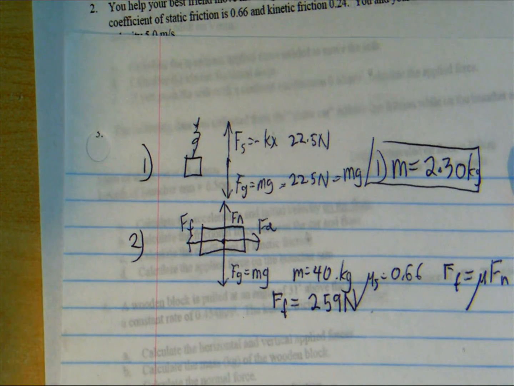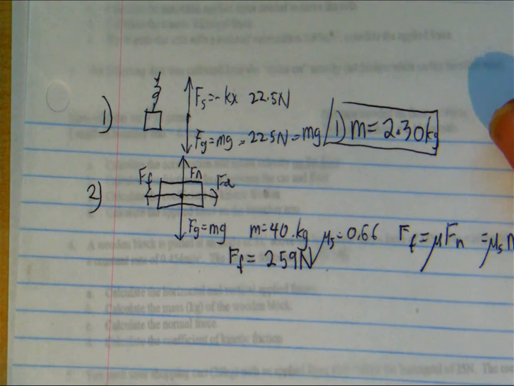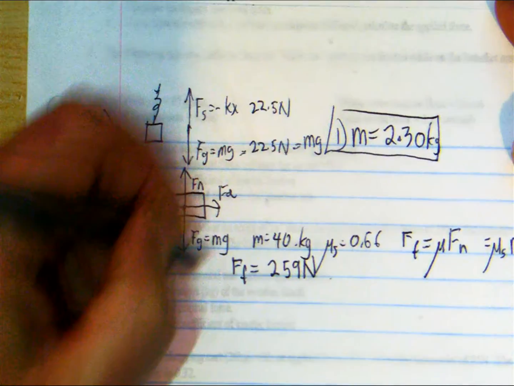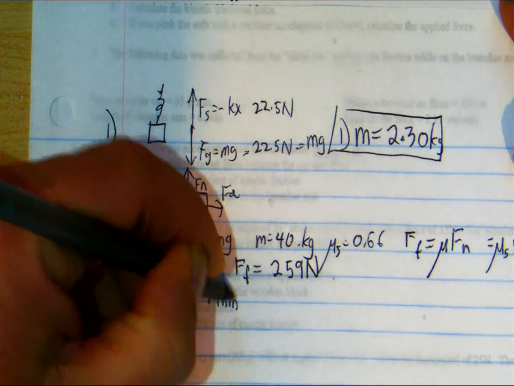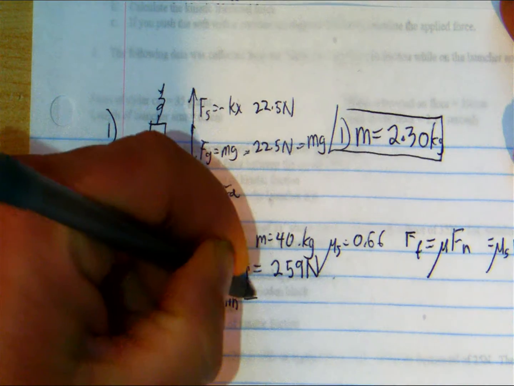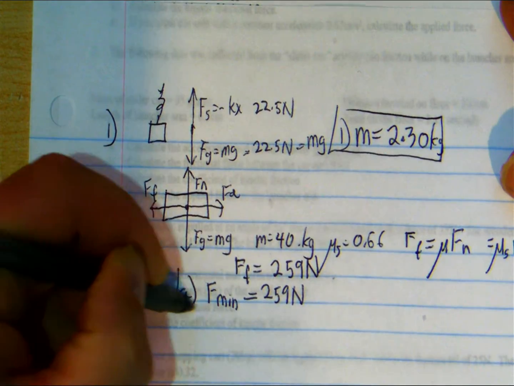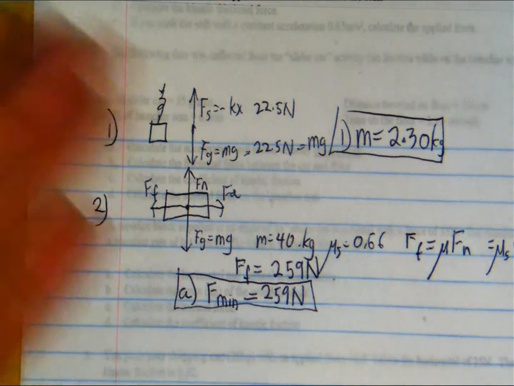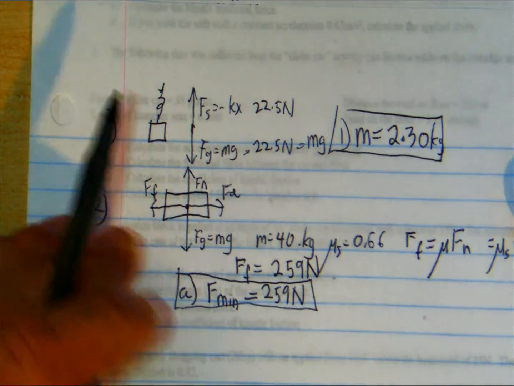And if that's the maximum force that friction can exert to stop this thing from moving, then my answer to part A is the minimum applied force has to be at least 259 newtons. Now, if I had rounded down to 259, I would still write it this way and say I need a minimum of 259 to the nearest newton.